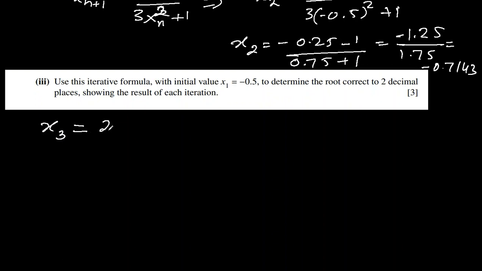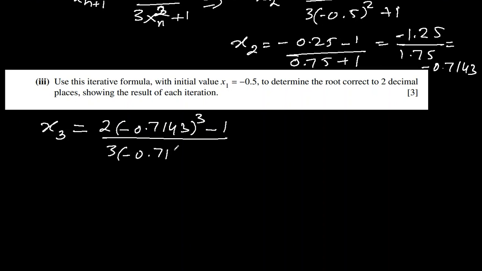So we'll use the same iterative formula again: 2 times minus 0.7143 cube minus 1 over 3 times minus 0.7143 square plus 1, and in this case we get minus 0.6832. I'm rounding to 4 decimal places. They have not indicated what we should do, but 4 places are enough to give us the correct answer.